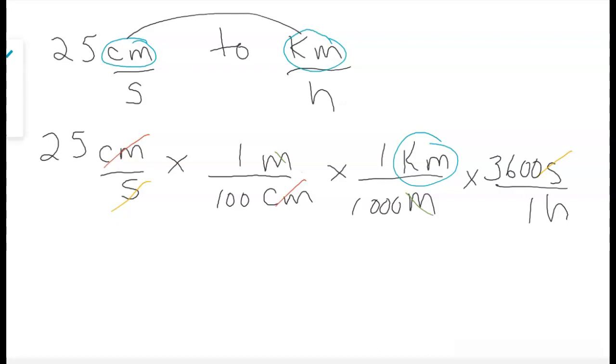So I'm going to go ahead and multiply and divide across. So 25 times 1 divided by 100 times 1 divided by 1,000, and then times 3,600 divided by 1. And of course, multiplying by 1 and dividing by 1, I can skip those steps because that won't change the ultimate result. Okay, so now I'm putting this into my calculator.